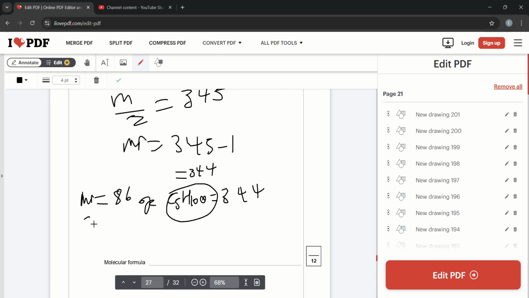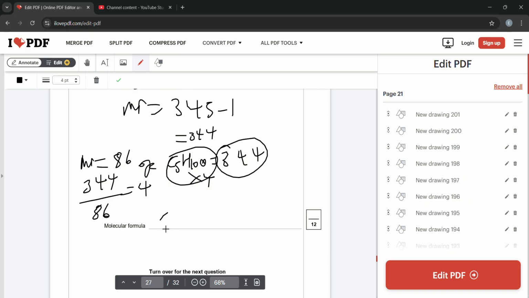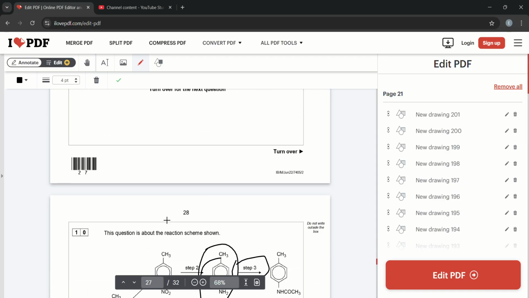So 344 divided by 86, which should be a whole number, is 4, and therefore we times this by 4 and get C20H40O4. And that is the end of question 9.